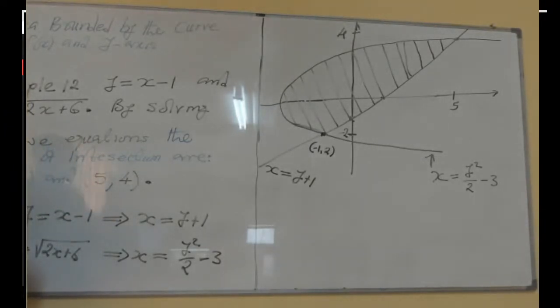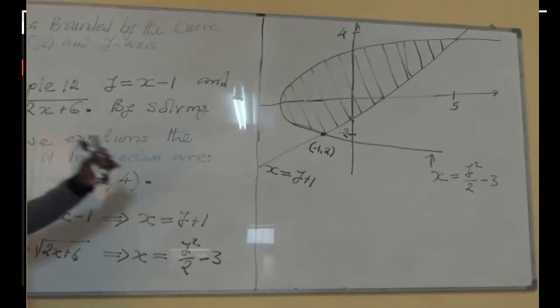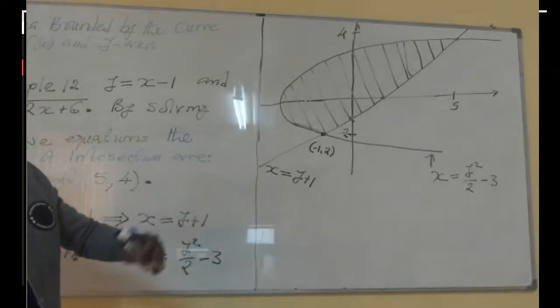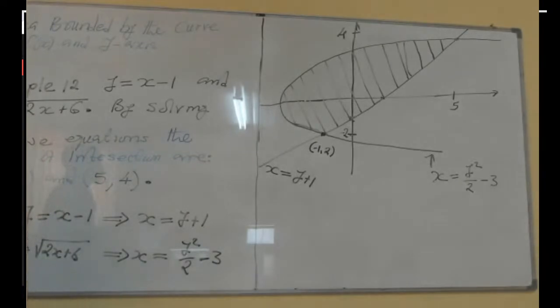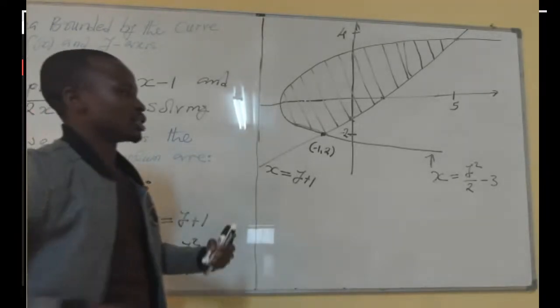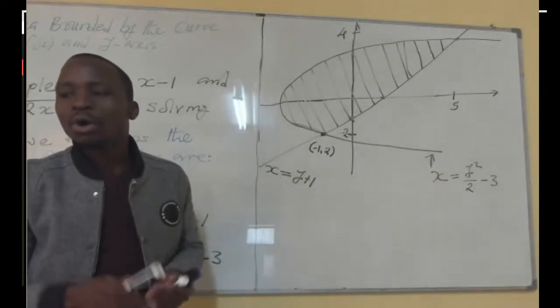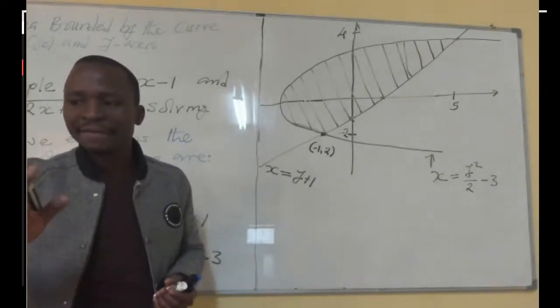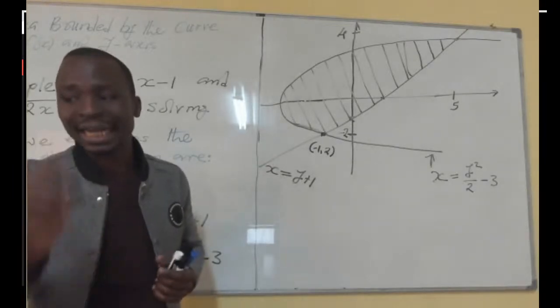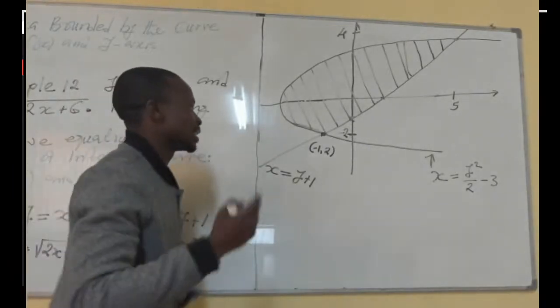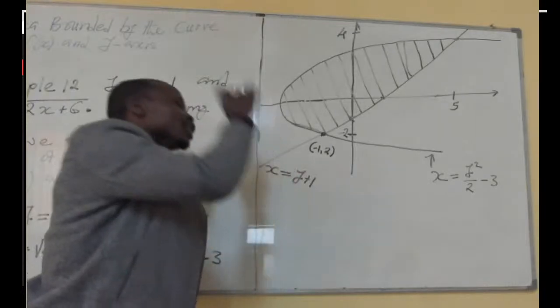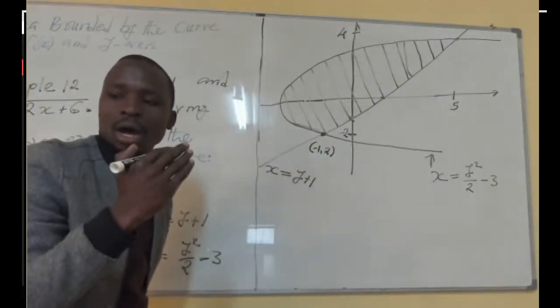But now, looking at the way the curve has been given, you can use the limits of integration to be y. You can even use x as the limits of integration. Now, let me tell you something here. If you use x as your limit of integration, you need to split this region into a lot of components.